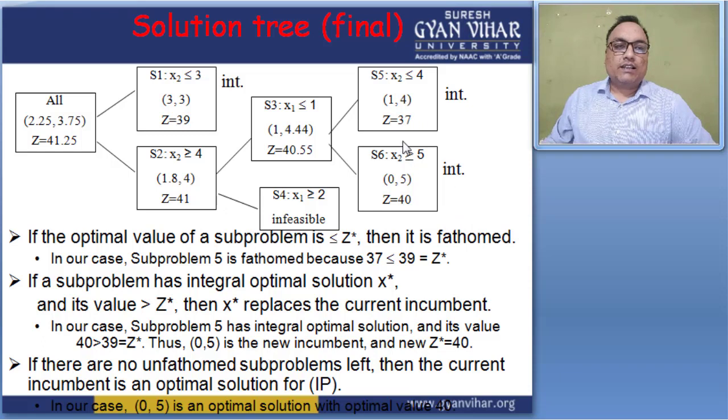In the last case, both give integer values, so further subdivision of the problem is not possible here, and you stop at this step. So this is one way of finding the solution with the help of the branch and bound method.